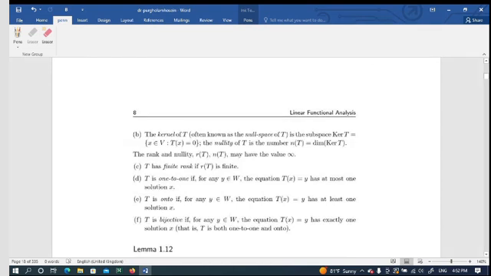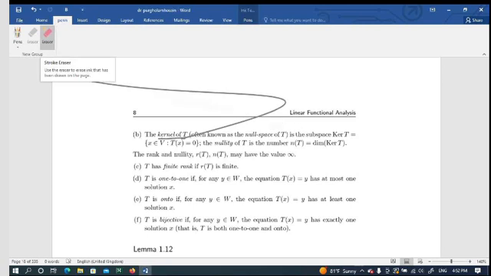And another definition is the kernel of T, or the null space of T. Kernel or null space.